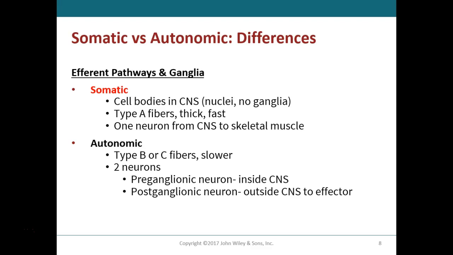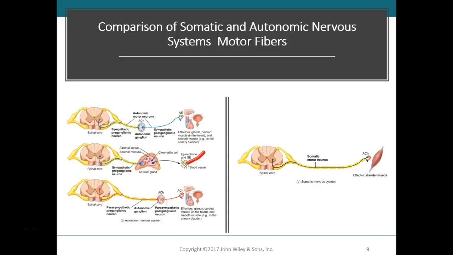And there are two types of neurons, a preganglionic neuron that's found inside the central nervous system and a postganglionic neuron that's found outside the central nervous system that goes to the effector. Now, let me point these terms out again here. Remember, a group of cell bodies in the central nervous system is a nuclei. A group of cell bodies in the peripheral nervous system is known as ganglia.